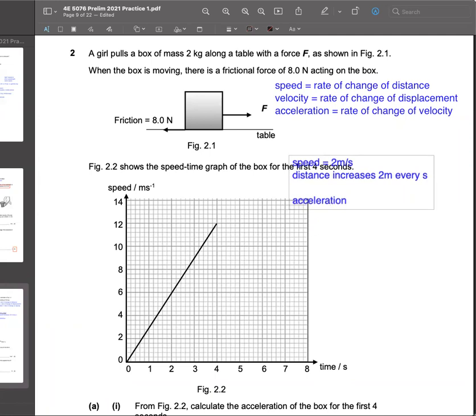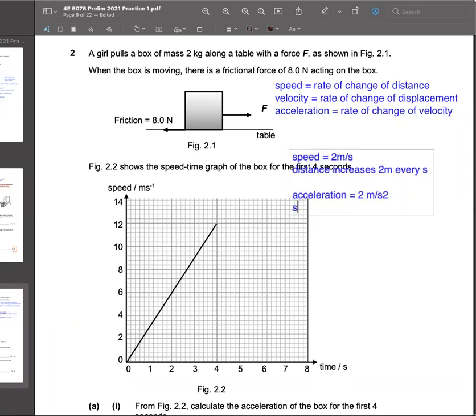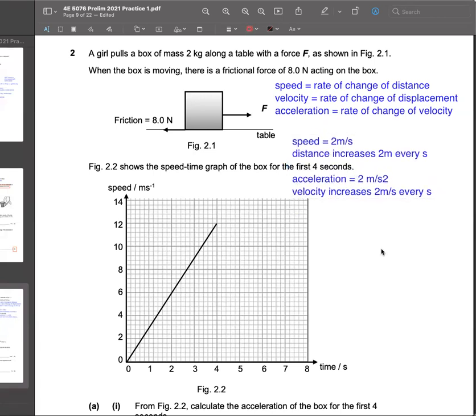So acceleration is 2 meters per second square. What does that mean? Velocity increases 2 meters per second every second.